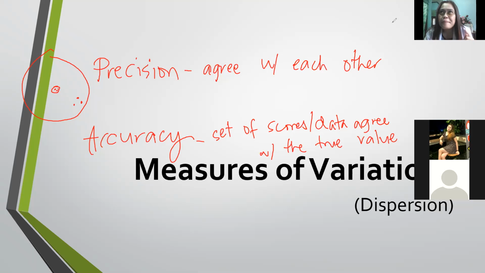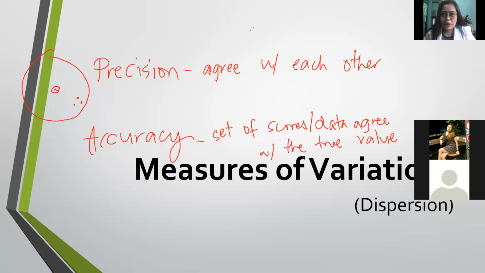Now, to know if our set of data or scores agree with each other, we measure variation, whether they vary extensively with each other. We measure the dispersion of our data because they should not be that far apart.